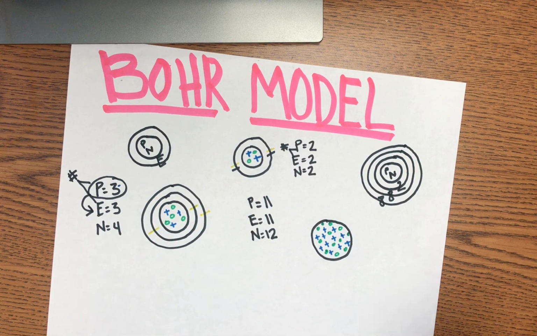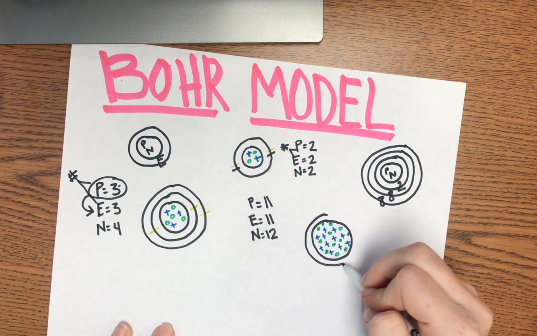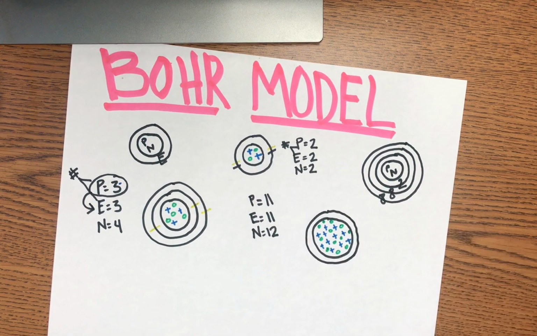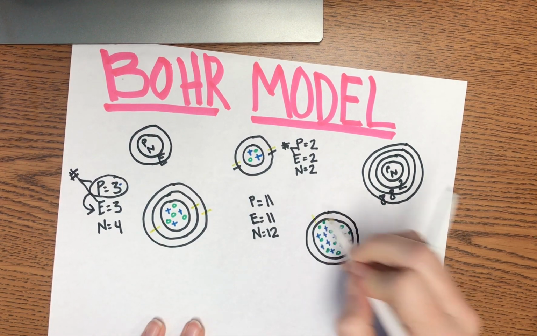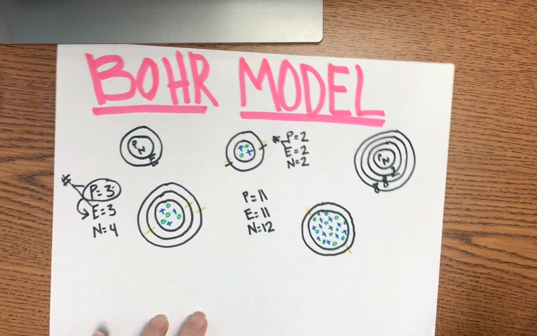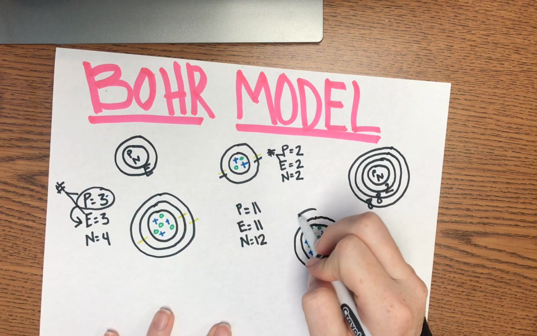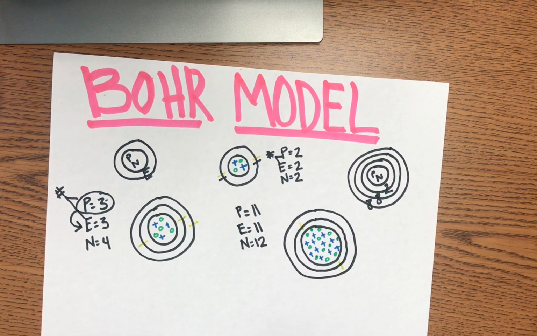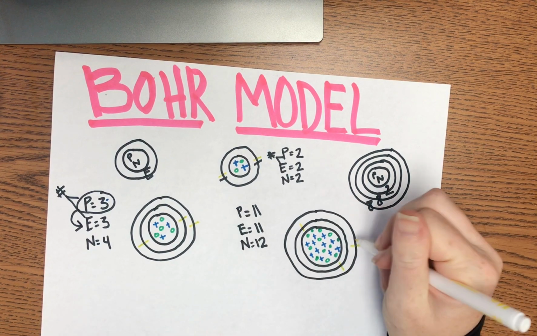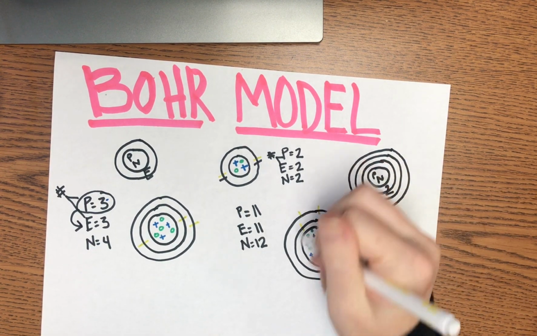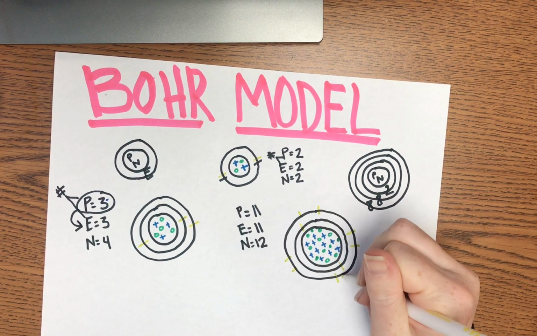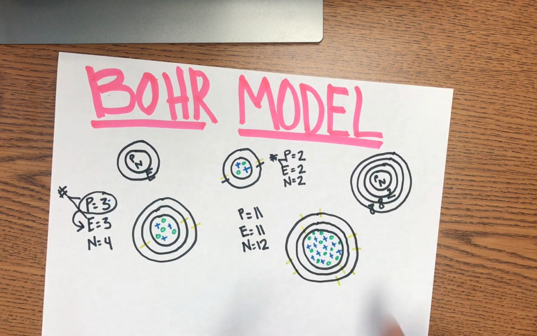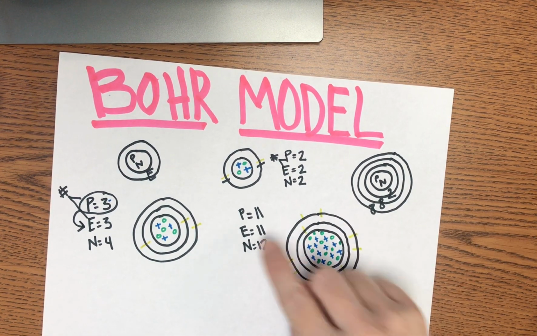Now here come our rings. That first ring can only hold 2 electrons, so we're going to go ahead and draw 2 electrons. We still need 9 more. The second ring can hold 8 electrons, so we're going to draw those in. That's 10 total, but we need 11.